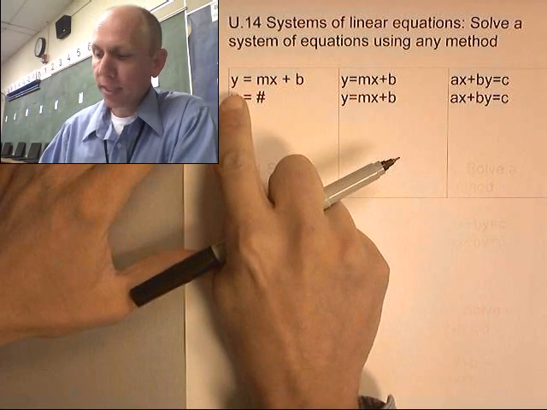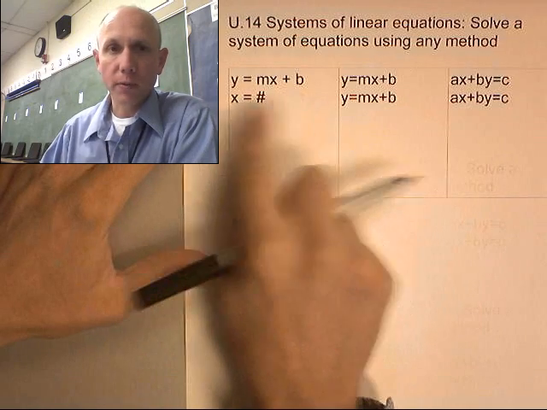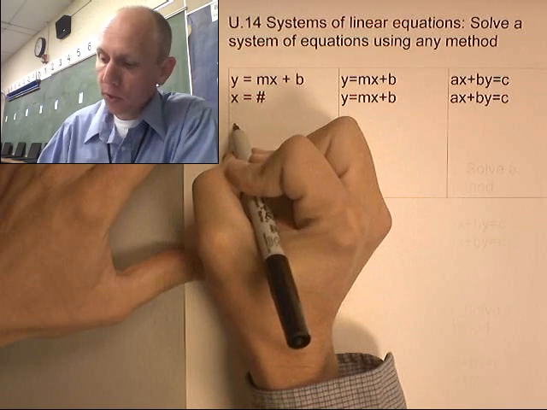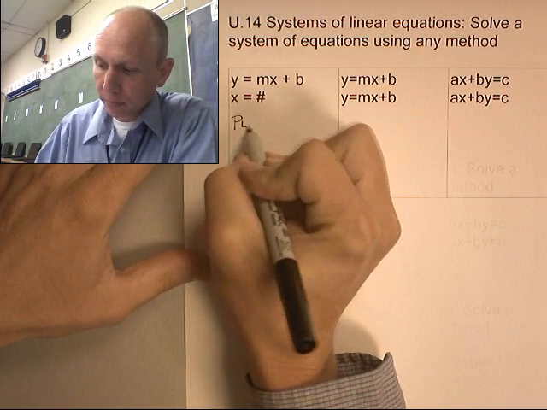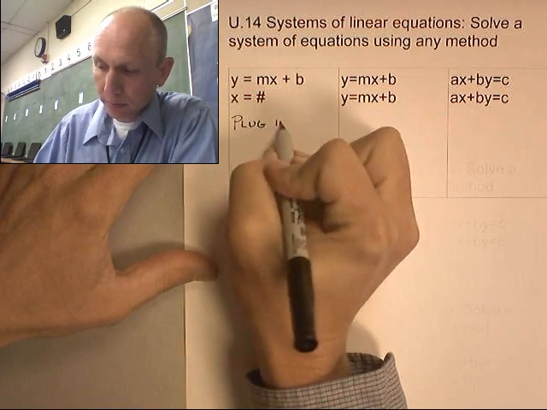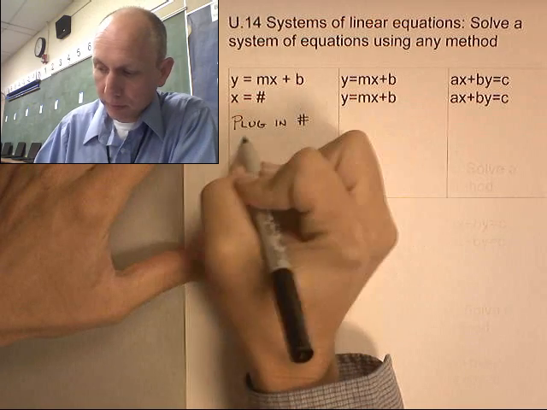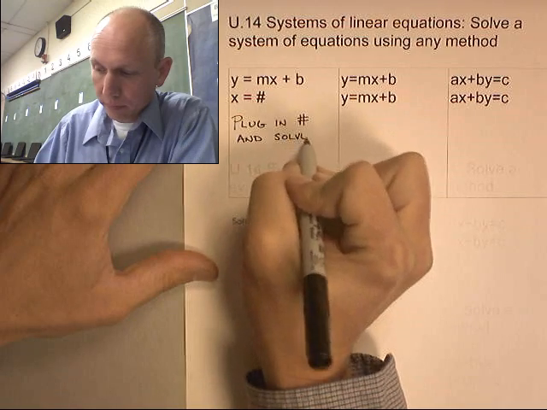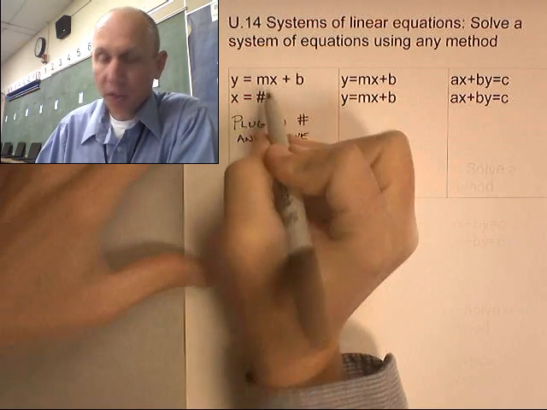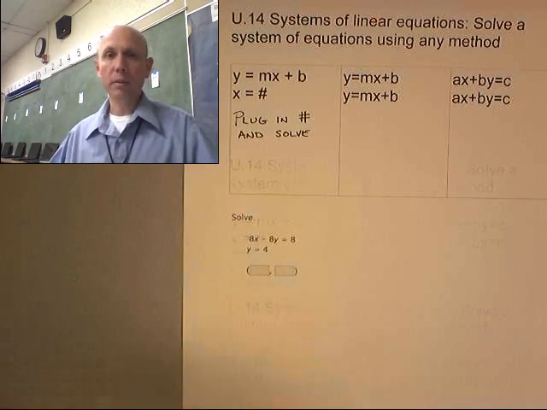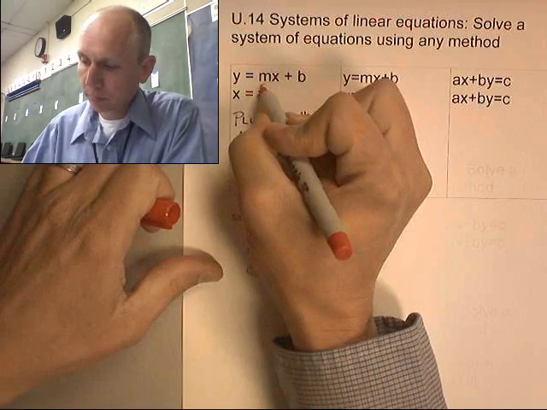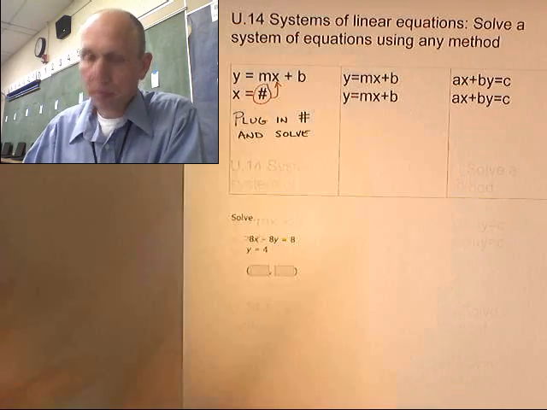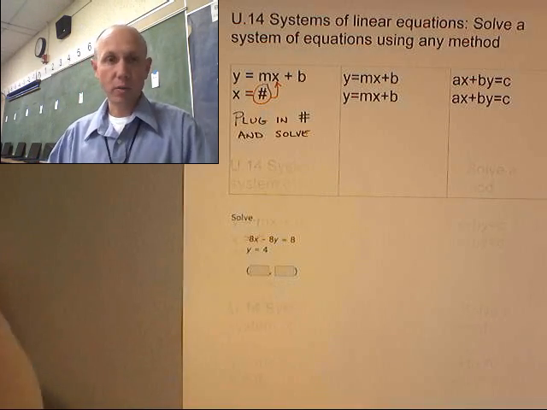If the equations come to us like this, where it's slope-intercept form and x equals a number, all we're going to do is plug in the number and solve it. So if I was just given a number, I would take that number, plug it in, and be good with it.